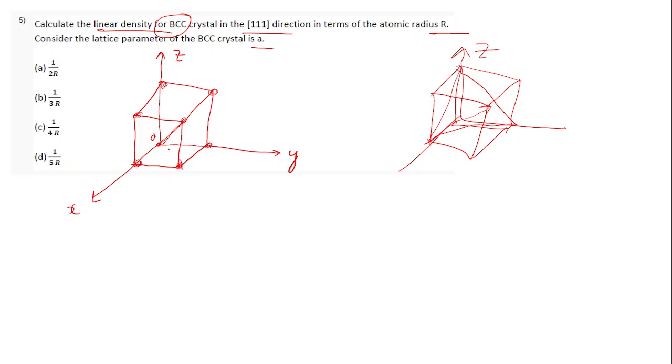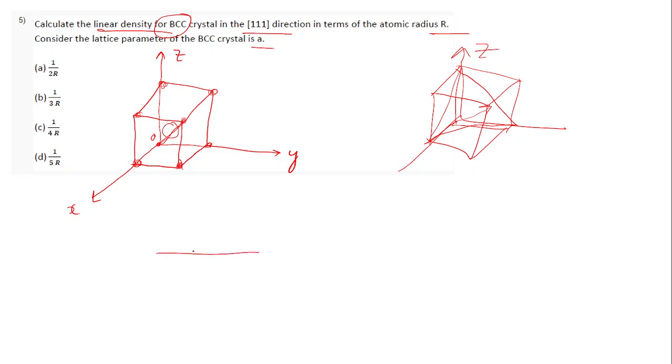Now this is some fun, because on this 1, 1, 1 direction, remember we have a body center atom lying on this line, because if you see, it's a body diagonal, connecting the corner at the back to the corner at the front. Because it's a BCC crystal, we have one atom completely lying on this line.